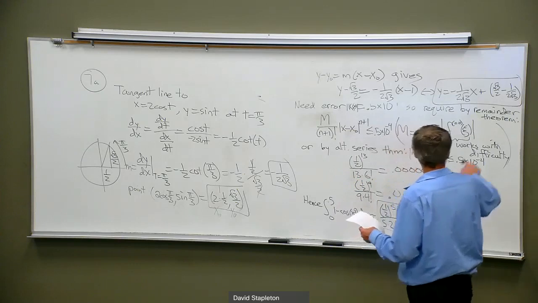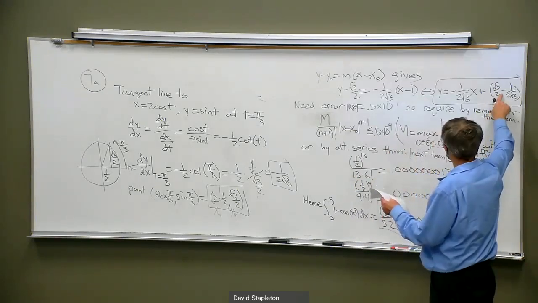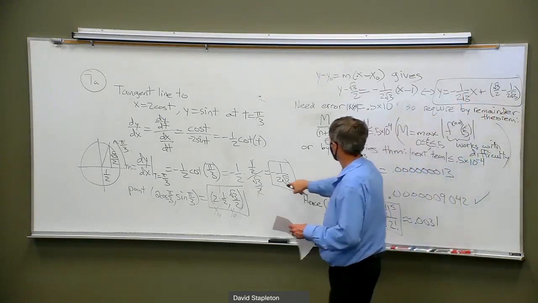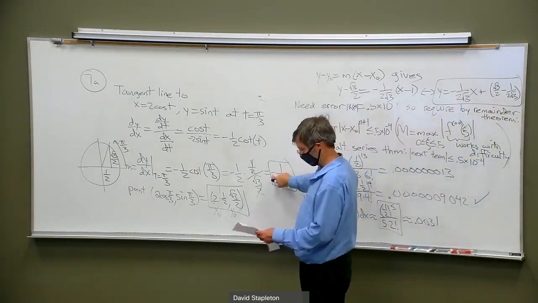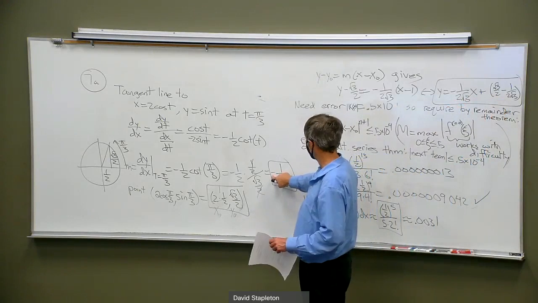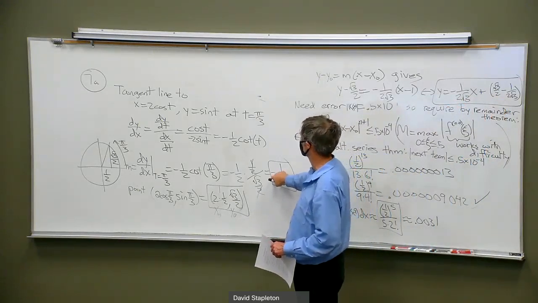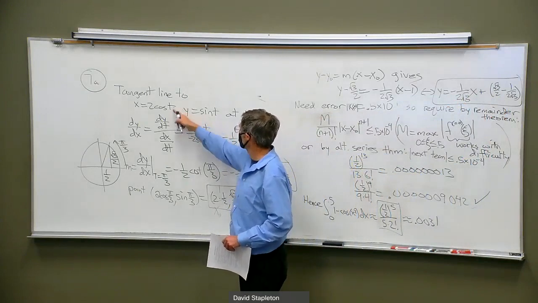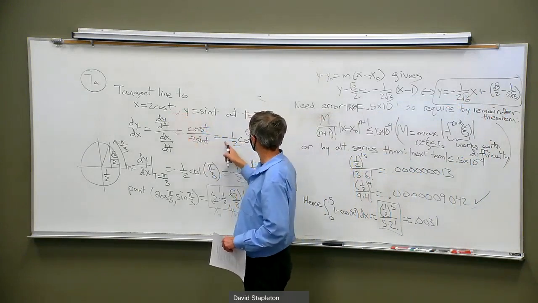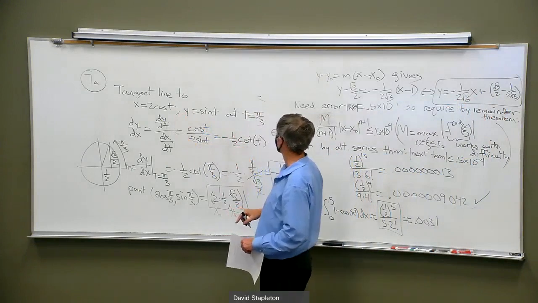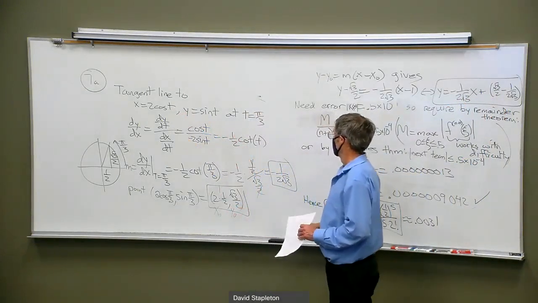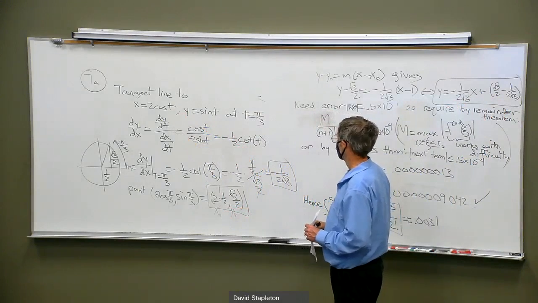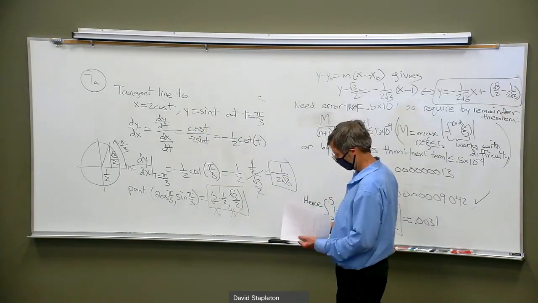It looks just like this, but this is plus, and this is plus. Otherwise, it's the same. That's the difference. The answer on the back has positive slope, but I think I computed it right. dy/dt is cosine t, dx/dt is minus 2 sine t. I'll just drop my minus on there somewhere. Okay.